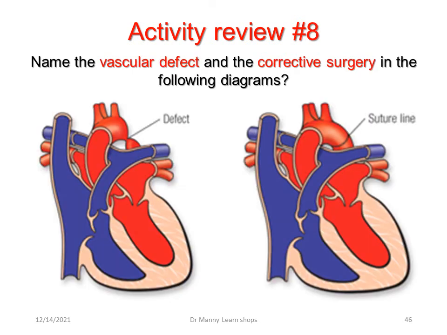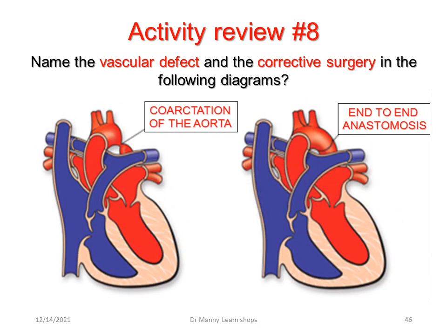Name the vascular defect and the corrective surgery in the following diagrams. What's the defect and what's the surgery? The defect is coarctation of the aorta, and the corrective surgery in this situation is an end-to-end anastomosis.